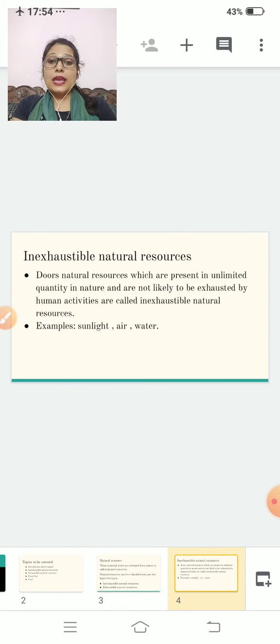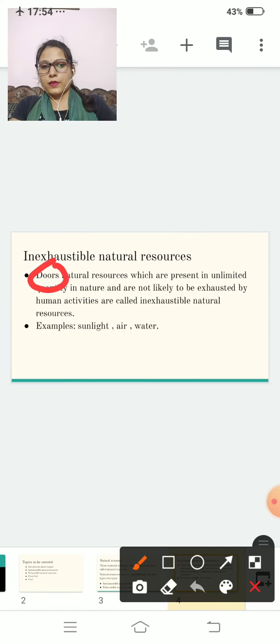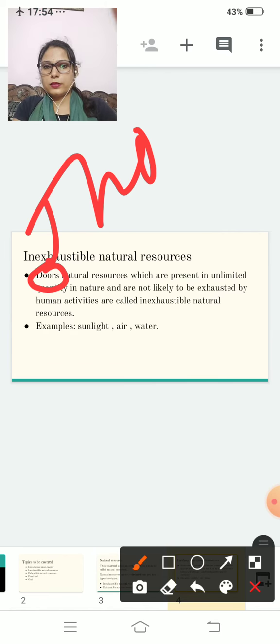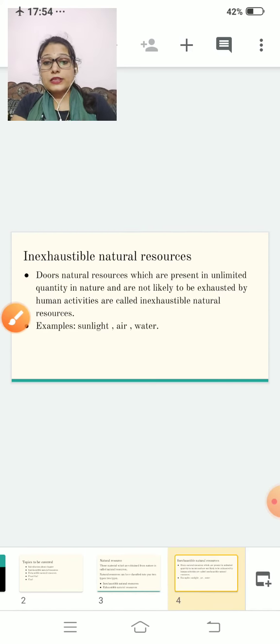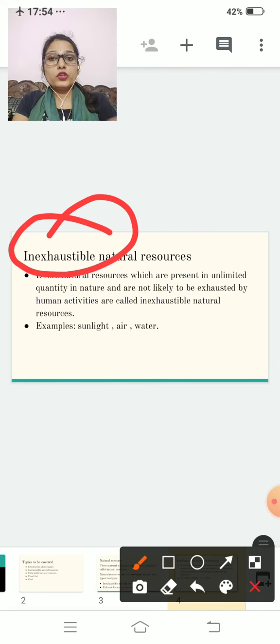Now, inexhaustible natural resources. Inexhaustible itself says they cannot be finished.